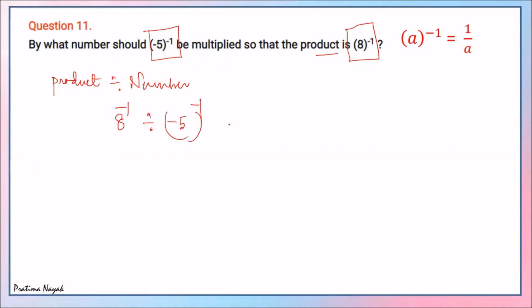And how to remove this -1? It will be 1/8. How to remove this? It will be 1/5. And what is the meaning of division? Multiplying with the reciprocal, 5/1. So what is the answer? Oh, sorry, it was negative there. So it will be negative. So it will be -5/8 is the answer.